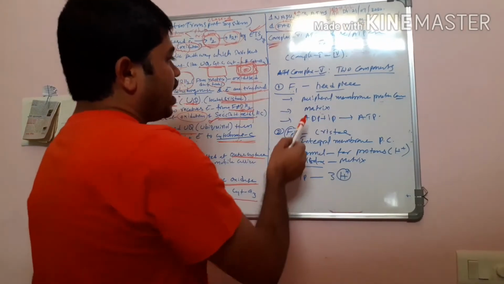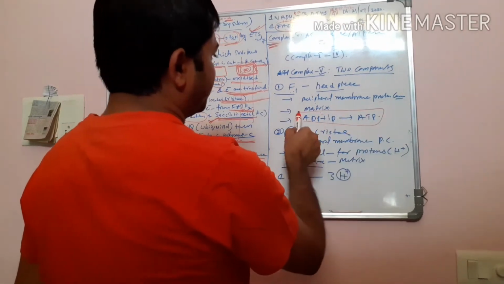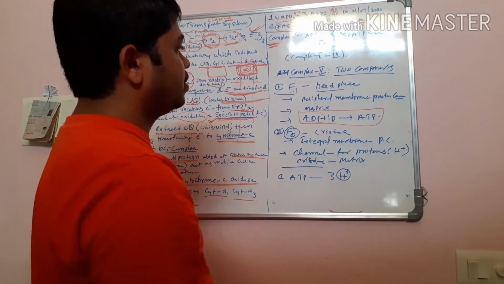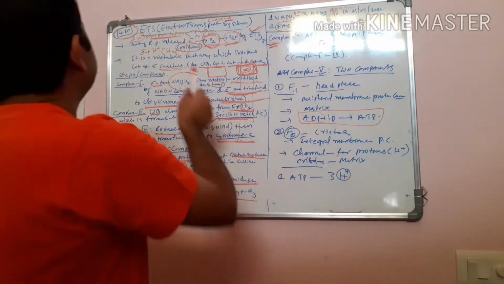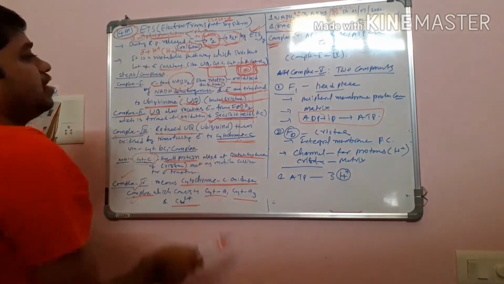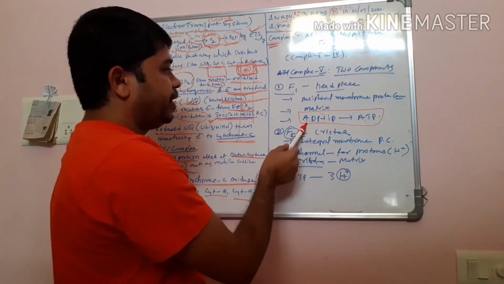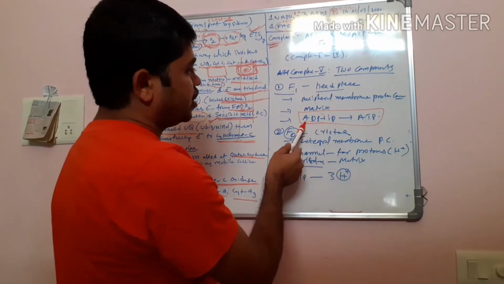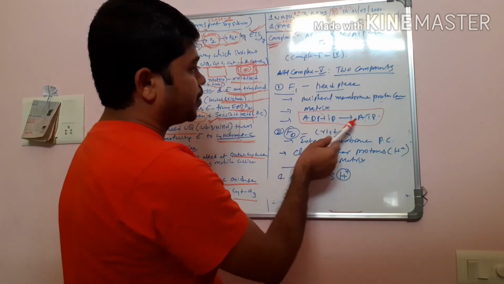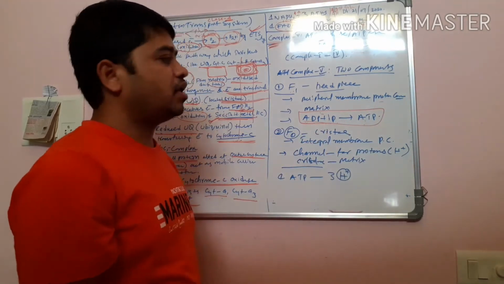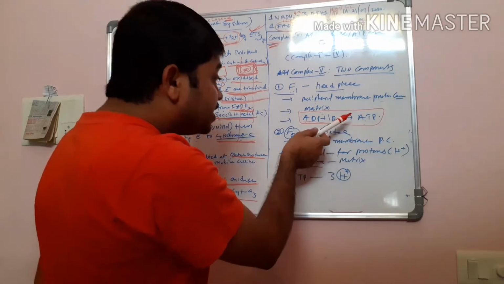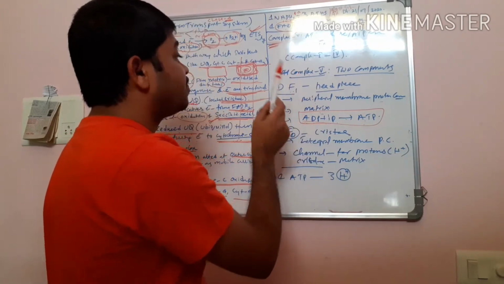And what is the major importance of ETS? Formation of ATP. ADP, adenosine diphosphate, combines with inorganic phosphate and forms ATP, adenosine triphosphate. This step occurs at the F1 component only.